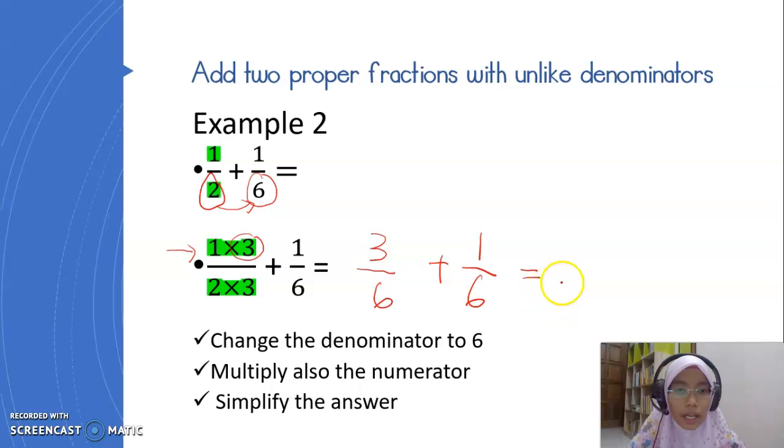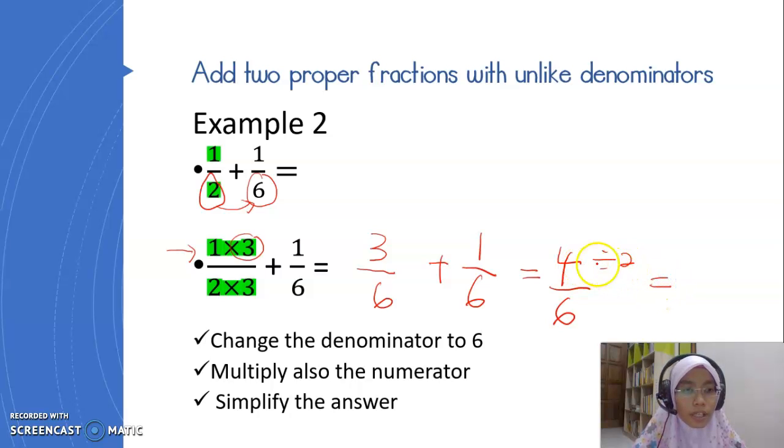We write the denominator because it's same. 3 plus 1, 4. 4 over 6, we can simplify it with dividing it with number 2. So 4 divide with 2 equal 2. 6 divide with 2 equal 3. Now we get the answer.